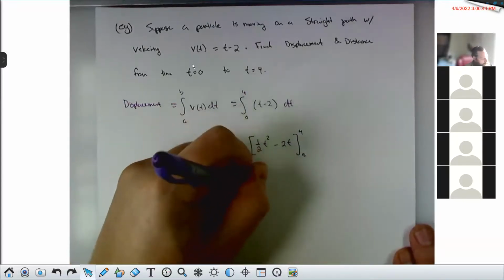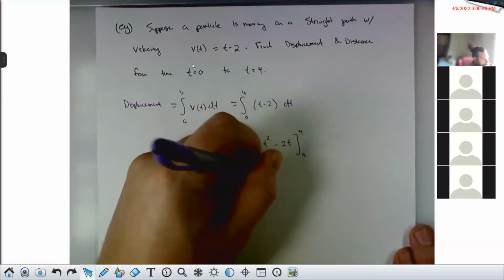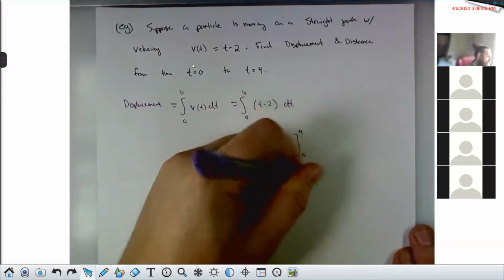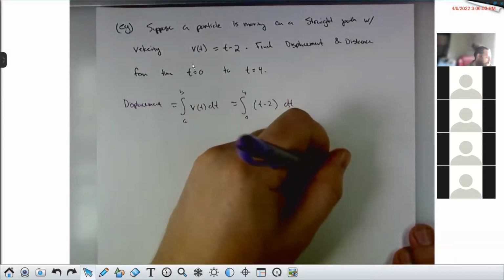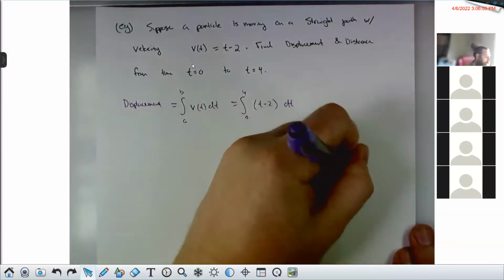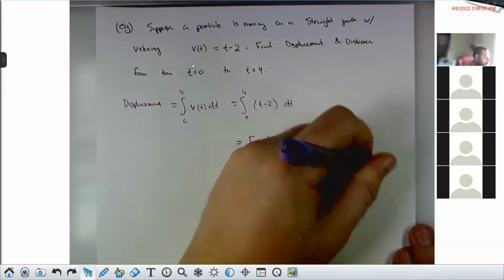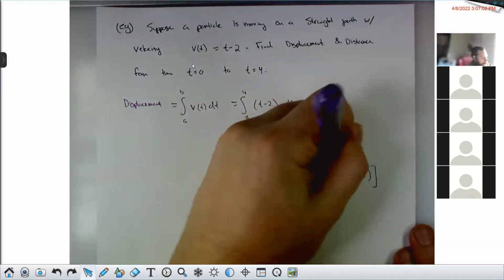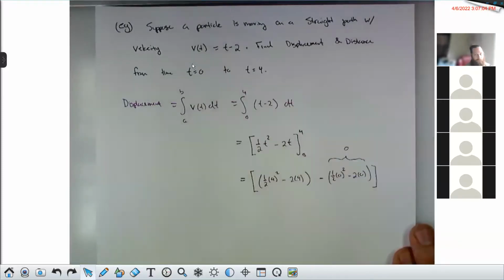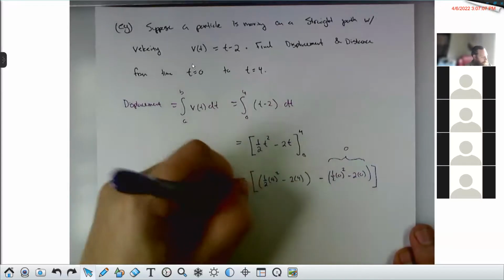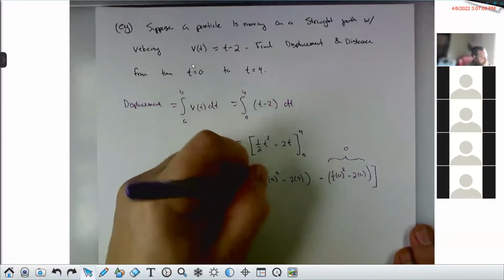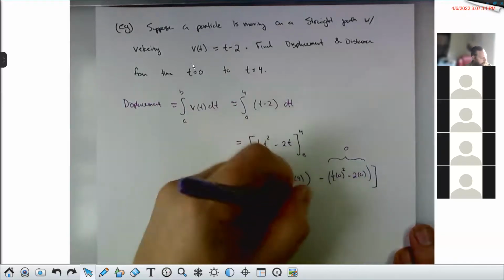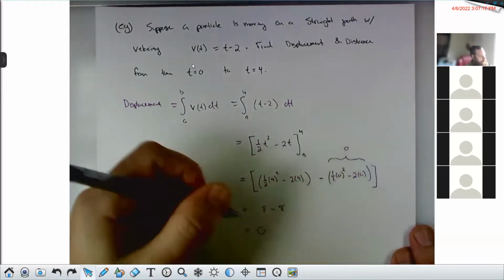When we plug in 4 here, we get 1/2 times 4 squared minus 2 times 4. When we plug in 0, we get 1/2 times 0 squared minus 2 times 0. Clearly, that's all 0. 4 squared is 16. 16 times 1/2 is 8. 2 times 4 is also 8. So my displacement is 0.